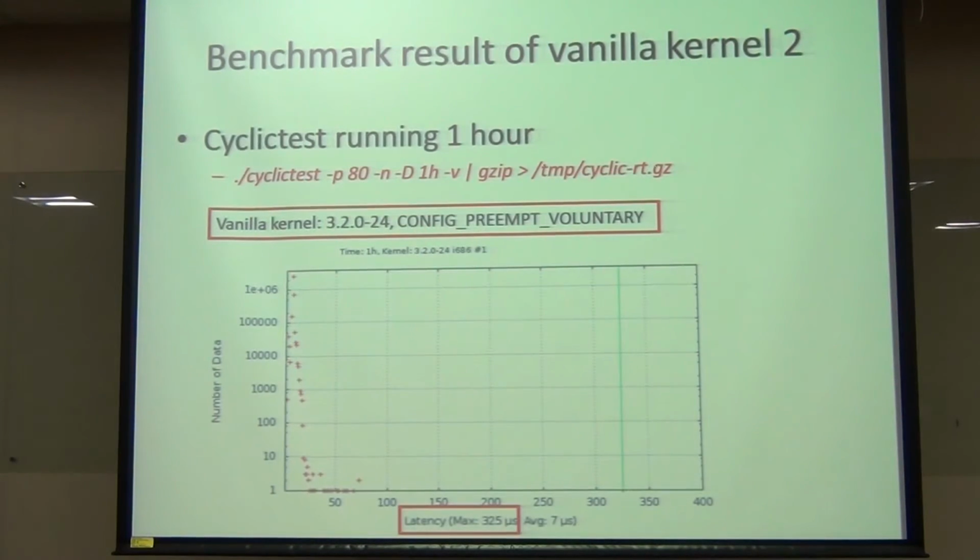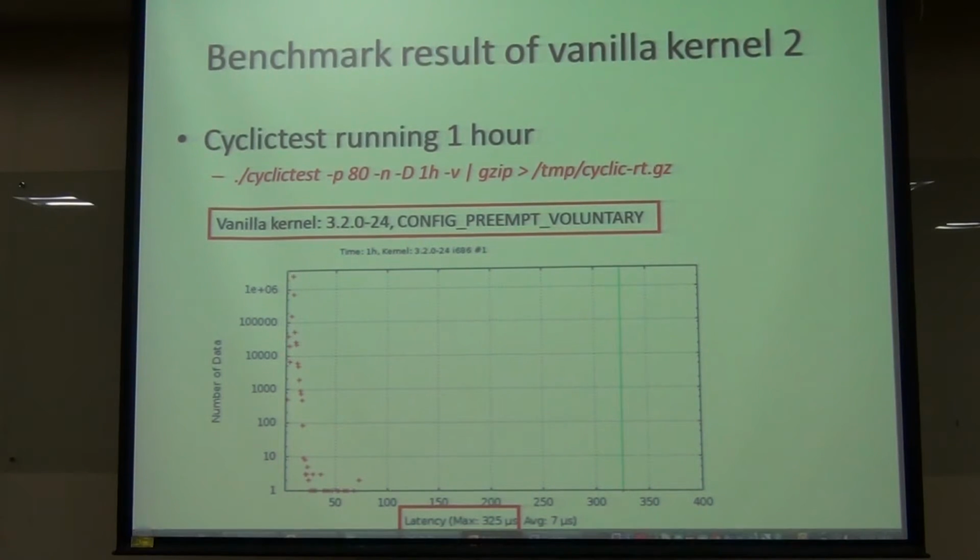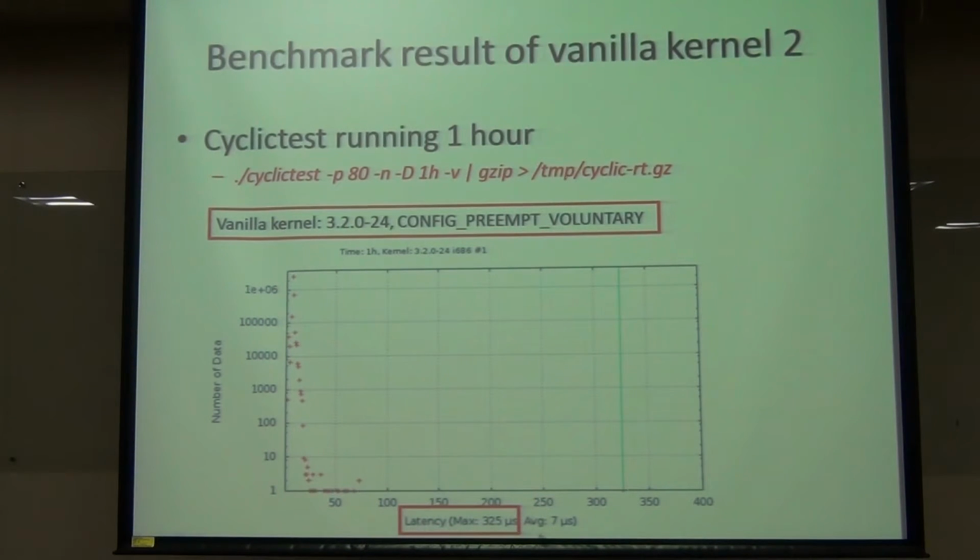So now I'm going to run the extended test, which is using the same test and running at different priorities over 1 hour in this case. And this is the histogram of the run of the regular kernel, the vanilla kernel. And the maximum latency is 325 microseconds. Average is 7 microseconds.